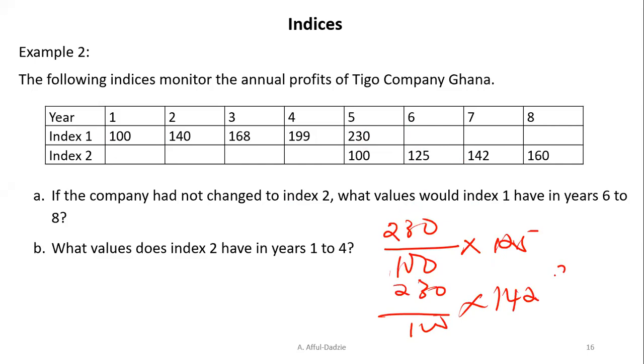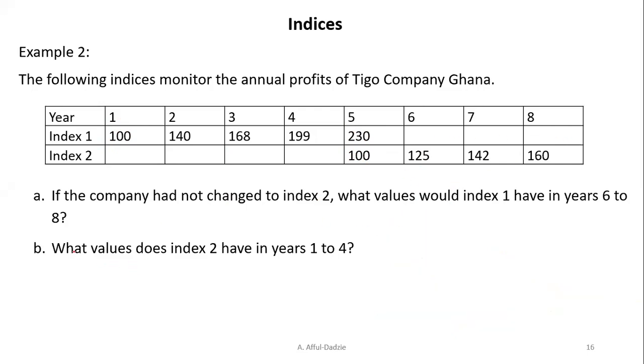And then again, 230 over 100 times 160. So it is the new index at period N over the index at period M. Here we assume that this is M, the old one that we know about, multiplied by this, and then we find our value. So you do this and you find the reverse.